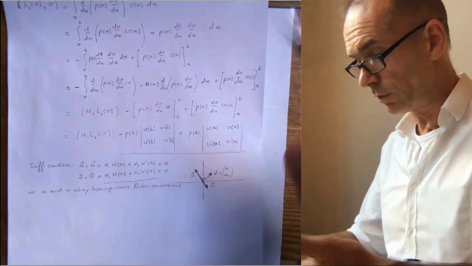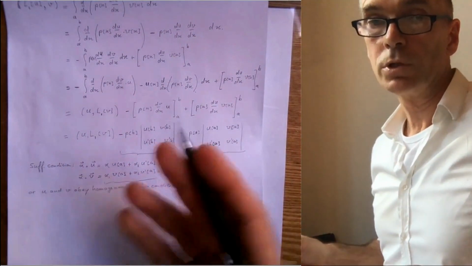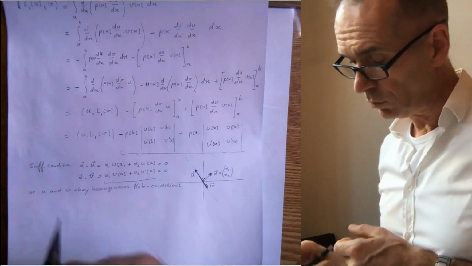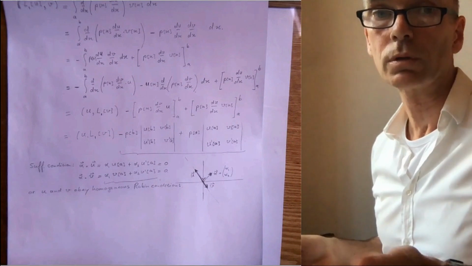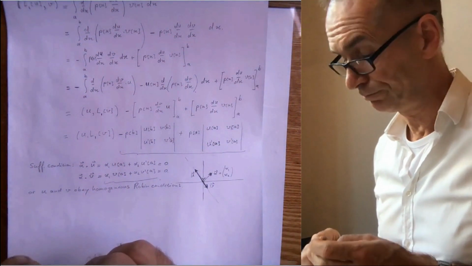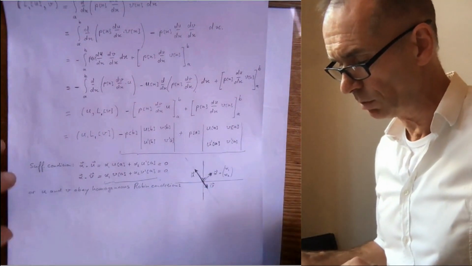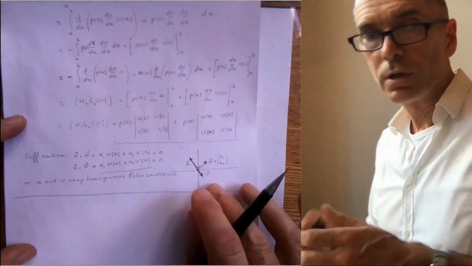So now we have recovered from this analysis the familiar conditions, the mixed homogeneous Robin conditions at the beginning and the end of the interval, the familiar conditions for a regular Sturm-Liouville problem. So that comes out automatically, but what is so interesting of this exercise is that there's another way.